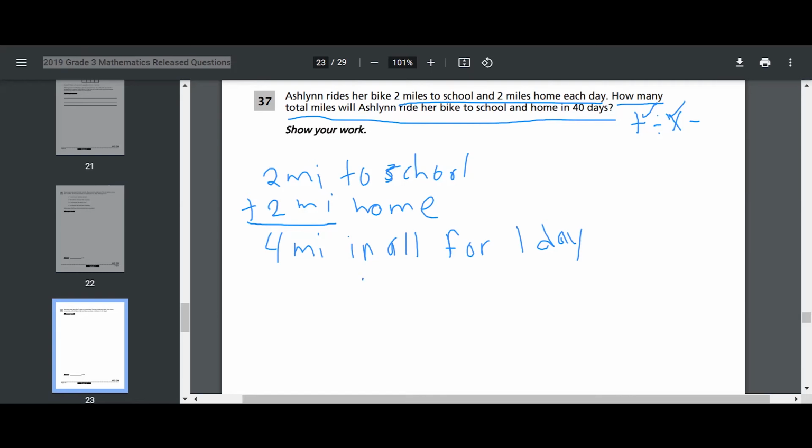We're going to take the 40 days and multiply by the 4 miles it takes her in one day. 4 times 0 is 0, and 4 times 4 is 16. Therefore, Ashlyn will ride her bike to school and home in 40 days for a total of 160 miles.